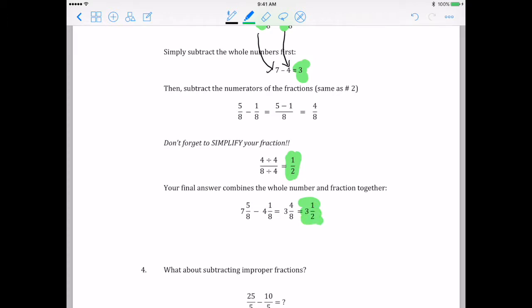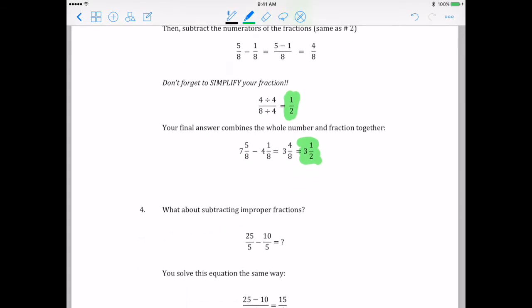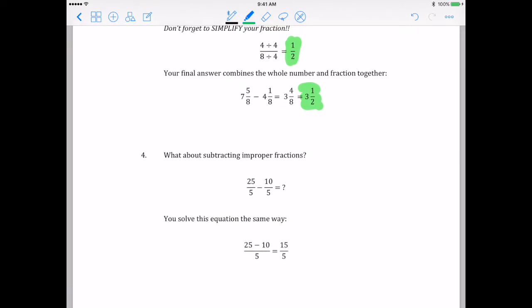So your final answer is 3 and 1/2. Example 4. What about subtracting improper fractions? You see we have 25 fifths, so our numerator is greater than our denominator. That's what makes it improper. So 25 fifths minus 10 fifths. First of all, do we have like denominators?